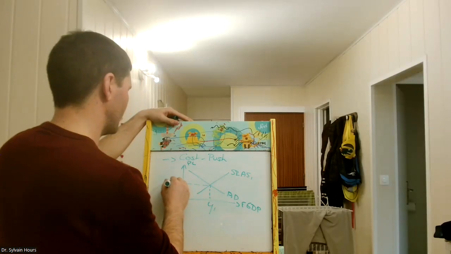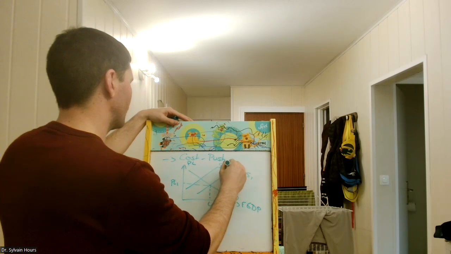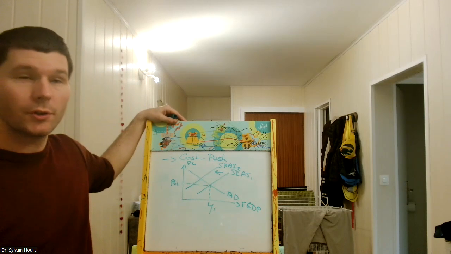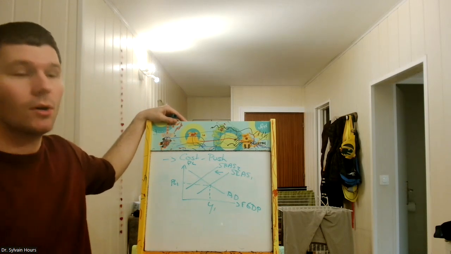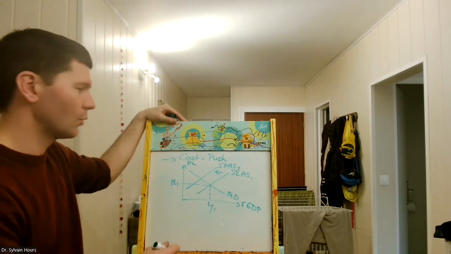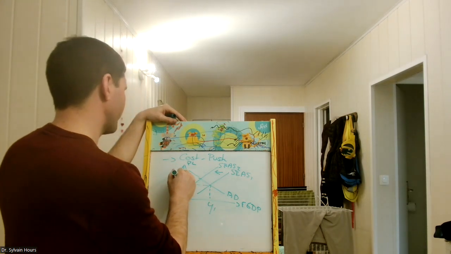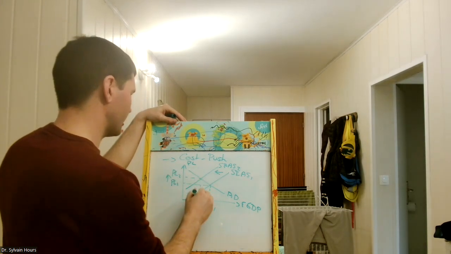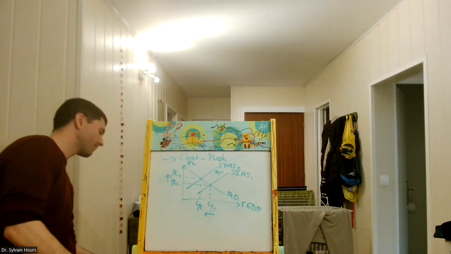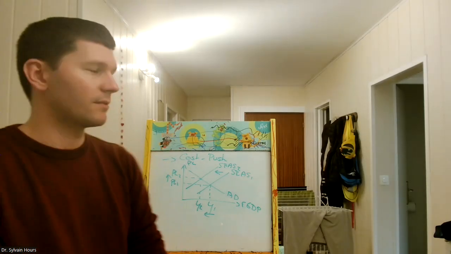So you start from here, and then AS decreases. Again, give a few examples. Could be that the price of certain raw materials increases, the price of labor increases, could be that productivity decreases, that the government introduces more indirect taxes, you name it. But what matters is that you see that this decrease in SRAS has caused an increase in the price level, cost push inflation.